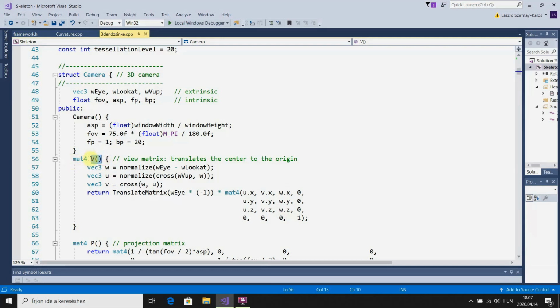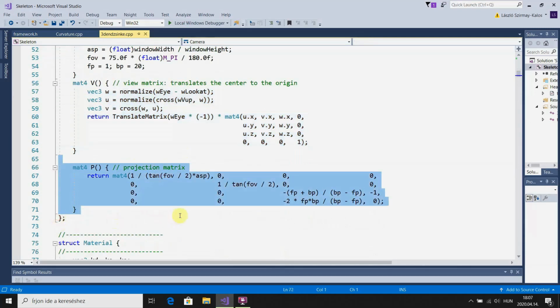In the implementation of this view transformation, the corresponding transformation matrix is computed from the extrinsic parameters. The second transformation associated with a camera is the projection transformation that distorts the space again in a way that after applying this transformation matrix, the view frustum will be a cube of corner points -1, -1, -1, and +1, +1, +1.